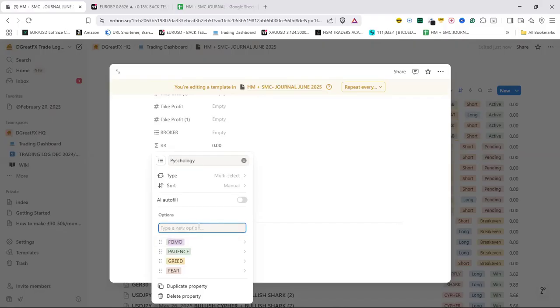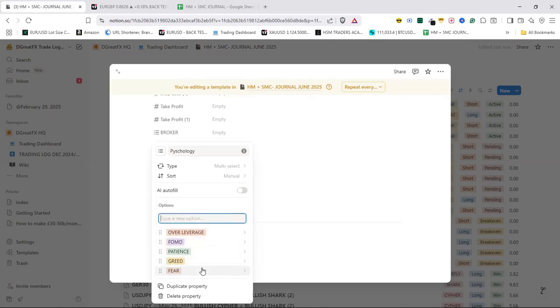And then which other emotions do we usually feel whenever we're on a trade? Over leverage as well. Over leverage, meaning that you are trading more than your account. Over leverage, FOMO, patience, greed, fear.